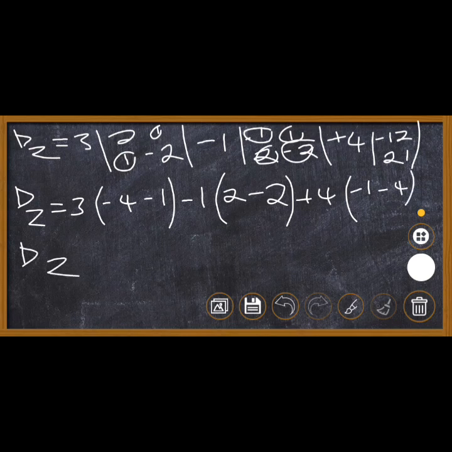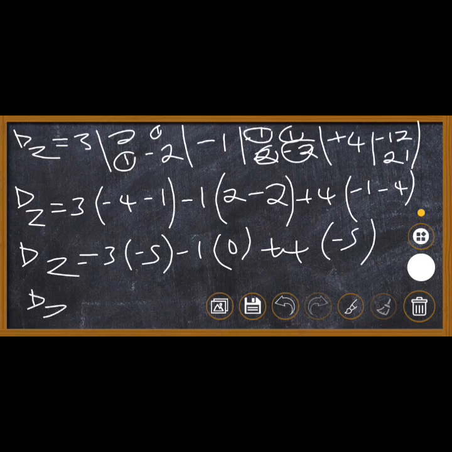So let's simplify this. dz is going to be 3, and then negative 4, subtract 1, we're going to have negative 5 there. And then negative 1. Then 2 subtract 2, it's simply 0. Then plus 4. Then negative 1 and negative 4 is what? Negative 5. So we're going to have dz equal to 3 multiplied by negative 5, it's negative 15. And then negative 1 multiplied by 0 is simply 0.